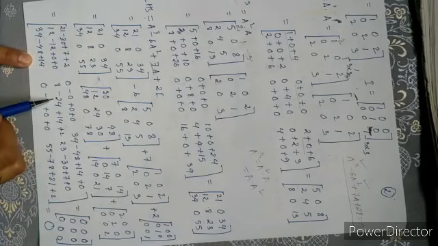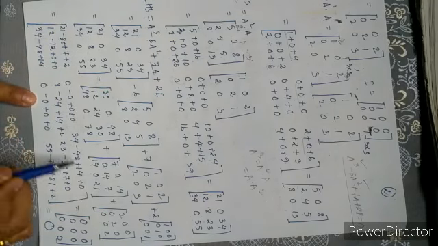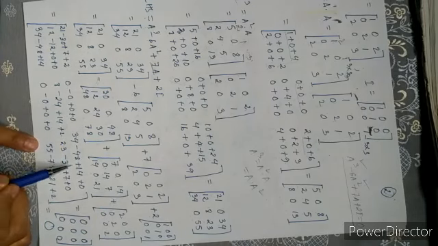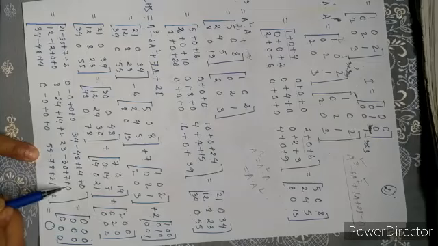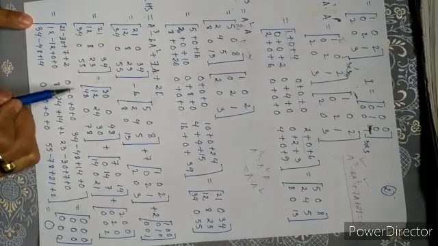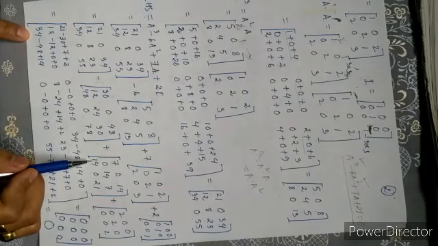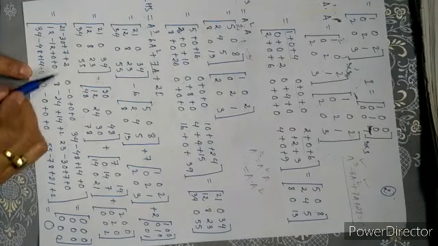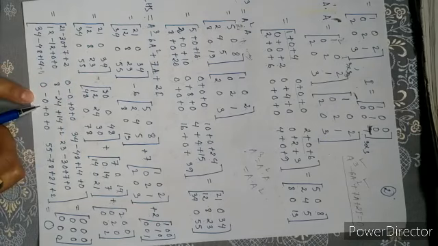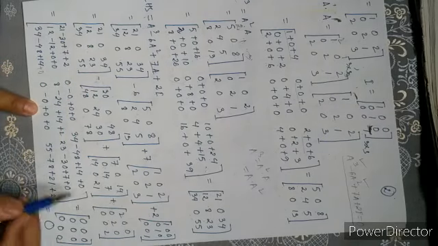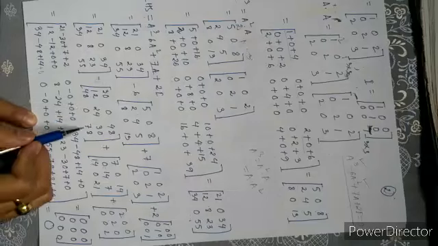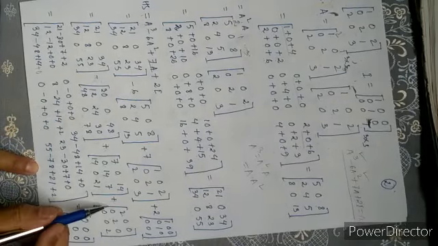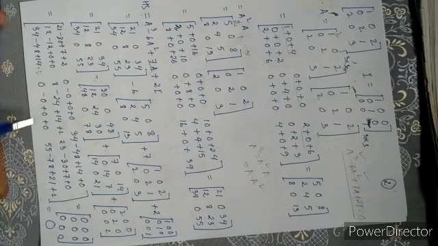Then 8, minus 24 plus 14 plus 2. Then 23 minus 30 plus 7 plus 0. Then 34 minus 48 plus 14 plus 0. Then 0, minus 0 plus 0 plus 0. Then 55 minus 78 plus 21 plus 2.